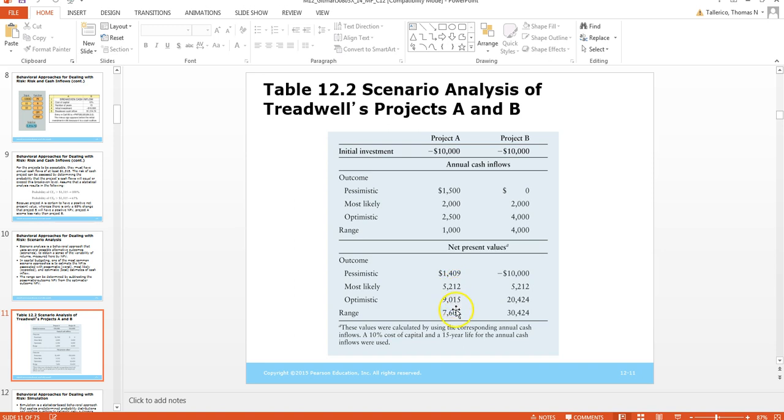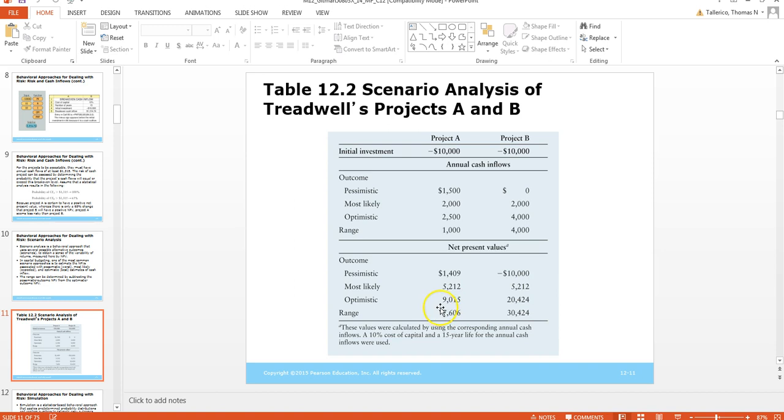So this is the range of cash flows, you can see the difference between this number and that number, 9,000 and 1,409 should be 7,606, and the range between this number and that number should be again 30,000, because this is negative.